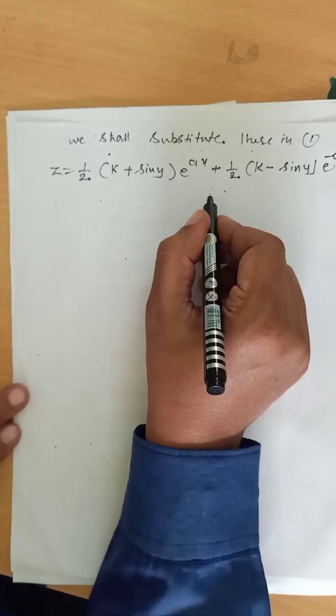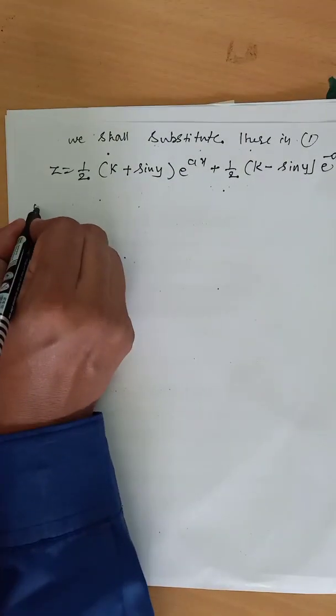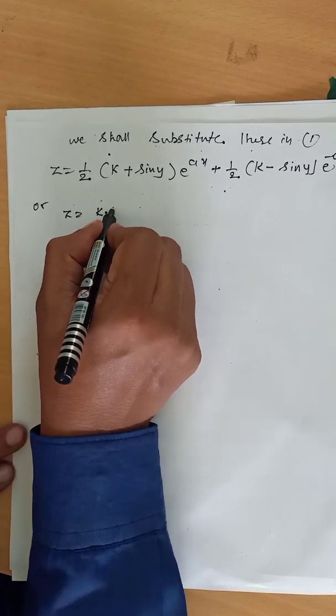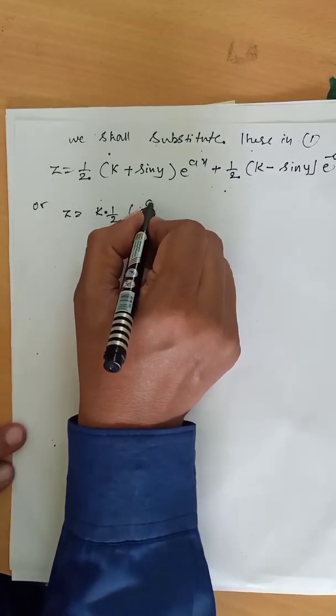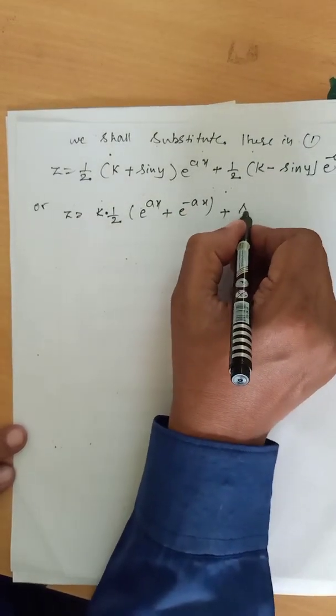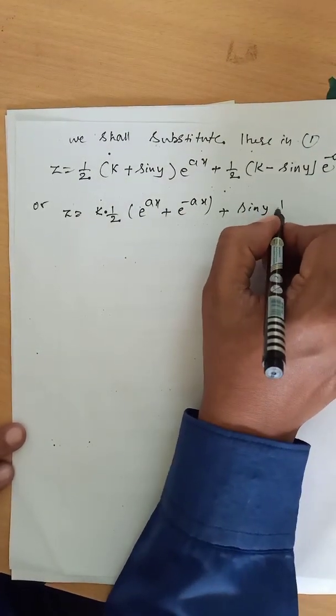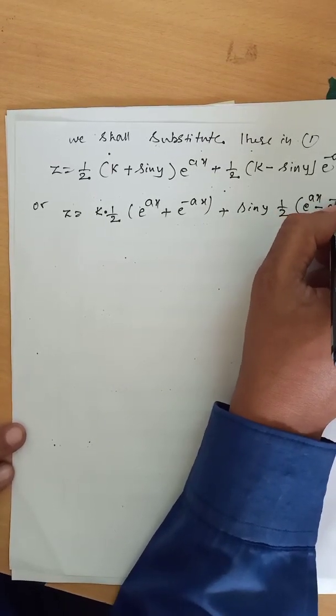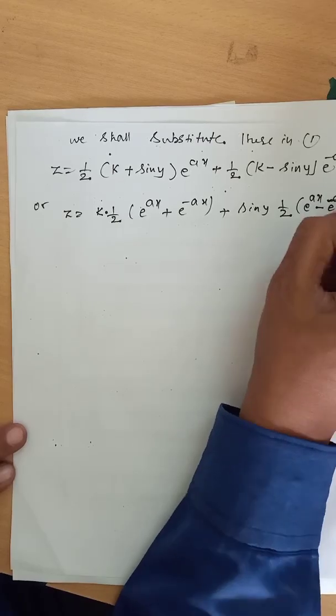You can stop up to this, otherwise you write one more step: z = k · 1/2 (e^(ax) + e^(−ax)) + sin y · 1/2 (e^(ax) − e^(−ax)).